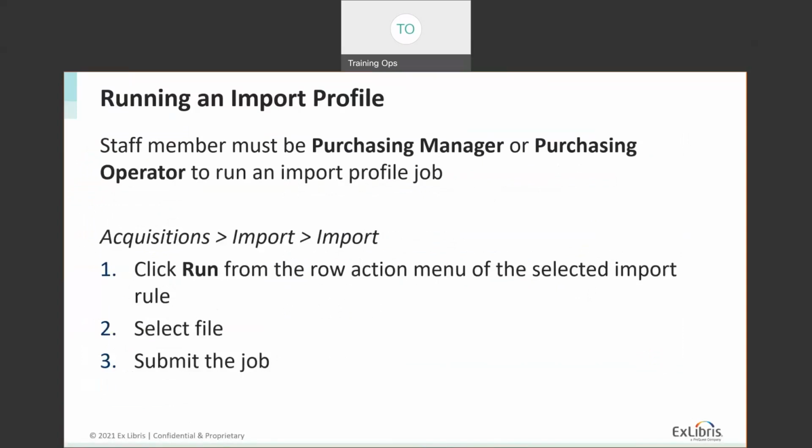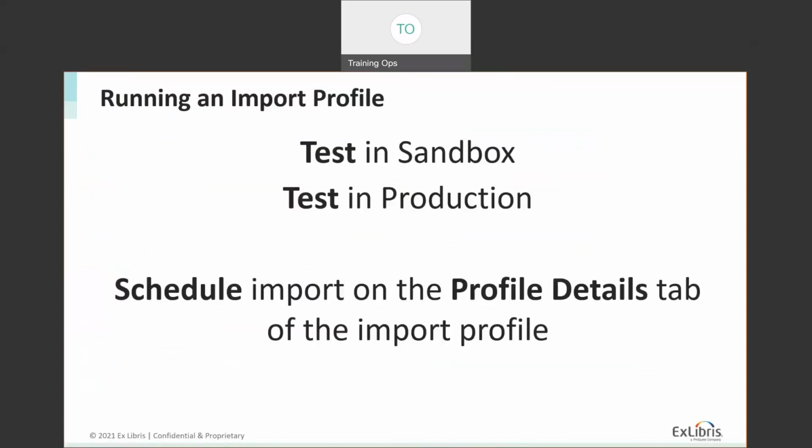When you're doing this kind of work, my strongest suggestion is test in the sandbox, test in production, and then take it to that next step and schedule the import so you don't have to do it manually.